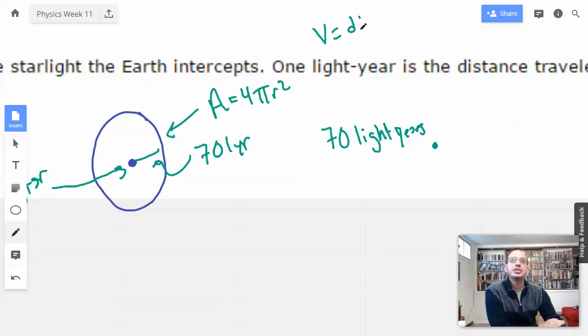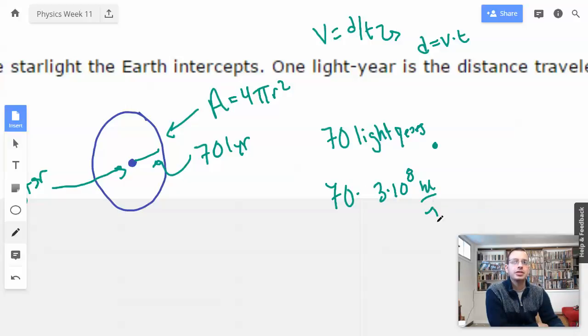Velocity equals distance divided by time. Therefore, distance equals velocity times time. So this is 70 times 3 times 10 to the 8th meters per second times 1 year.